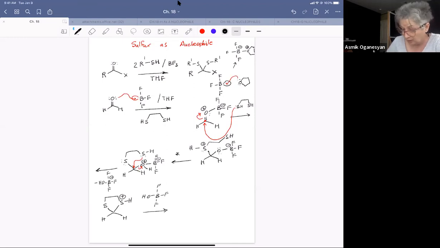Okay, again, understand that boron shows the negative charge on, but either fluorines or hydroxy group will be carrying a negative charge. I'm going to pick up that proton and form the product.